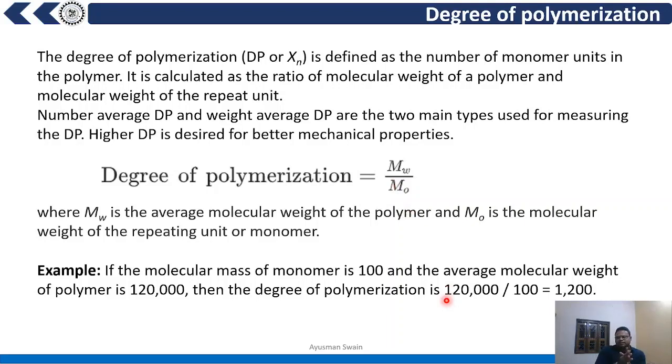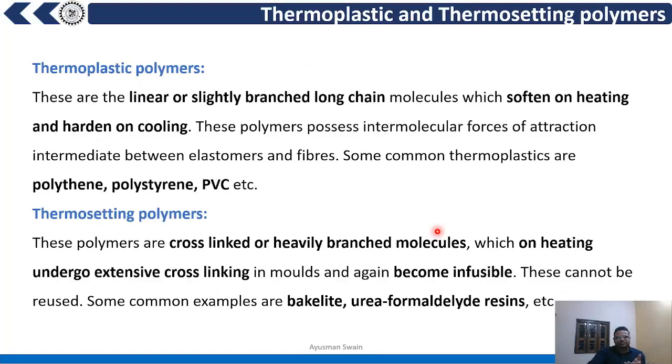Sometimes the mass of the monomer may not be provided, but the monomer's formula is given, suppose ethylene or PVC. Then you have to calculate the molecular mass of that monomer and put it in the denominator. I think I have given you many such questions as homework. All of you have done it, but again, you have to practice that.